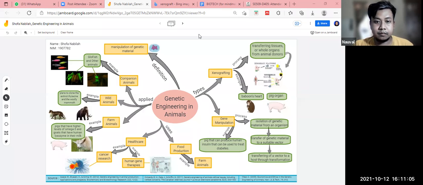It can be divided into two types: xenografting and gene manipulation. It can be applied to your pets, to wild animals, and to farm animals. And for its use, it can be used in the healthcare field and also in food production. And that's it for the conclusion of today's first session.